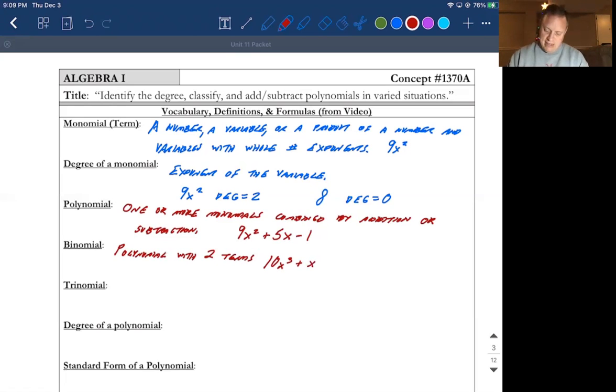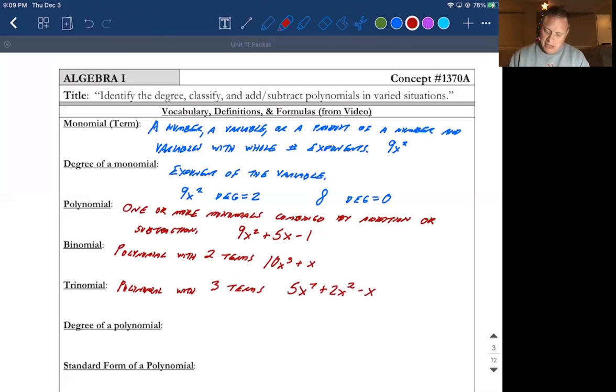Trinomial, hey, polynomial with, hey, I hope you're listening. Maybe I'll give you $5,000 if you know this one. Or maybe not. Polynomial with 3 terms. So we could have 5x to the 7th plus 2x squared minus x. 3 terms.